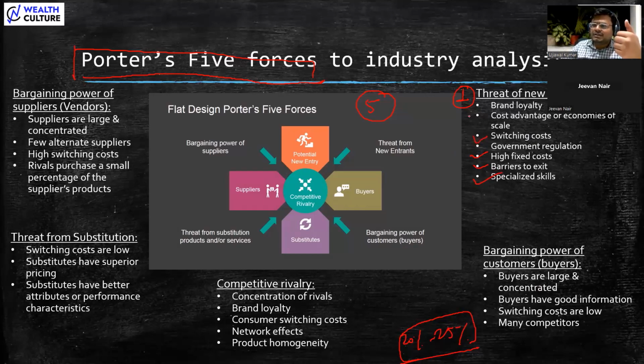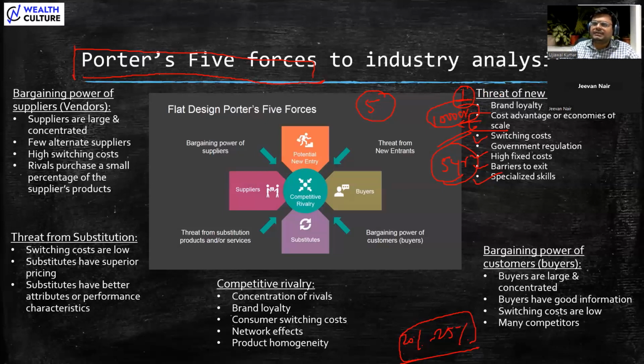The cost advantage, there is economies of scale, let's say. So you will only become profitable when you start to do something like 1,000 crores of revenue. At this point of time, you will start to become profitable. And let's say to get here, you need 5 years of survival in the business. So these are things which make entry difficult.